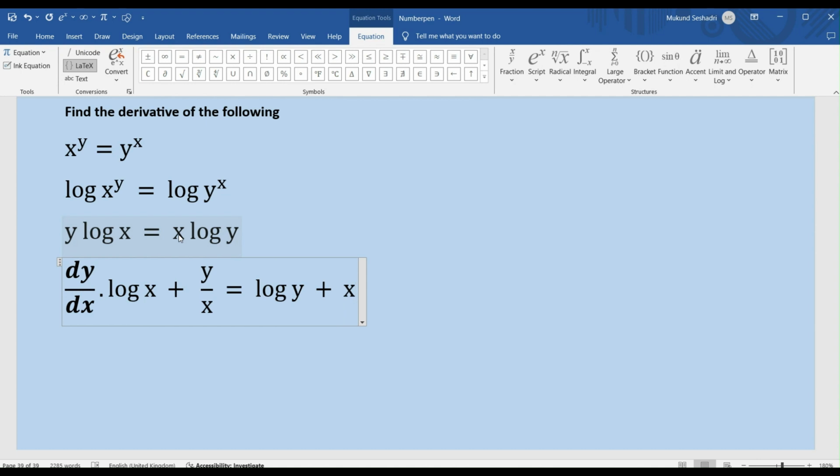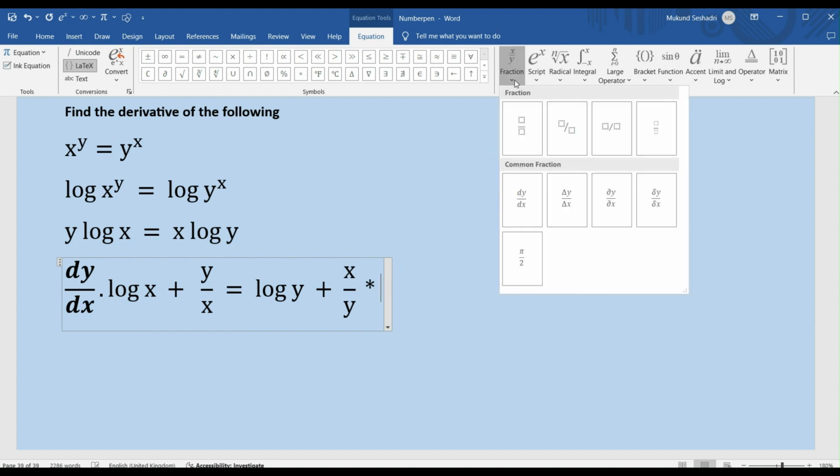What is d by dx of log y? I first differentiate log, which is my outer function, and what do I get? I get 1 by y, right? So x into 1 by y becomes x by y. And then I go to my inner function, which is y, and I will have to differentiate it with respect to x.